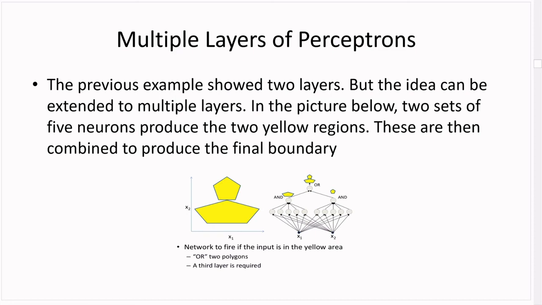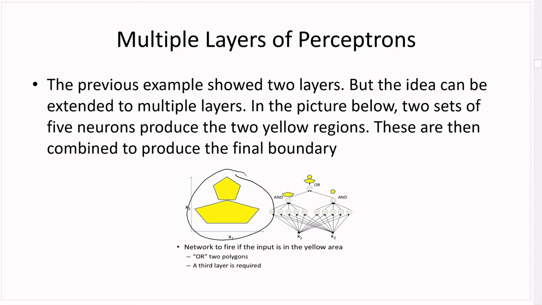And then we can combine these 2 yellow regions through another perceptron to produce a final boundary that is going to look like as shown over here. So you can see this is a fairly complex boundary, and we can get this boundary using the arrangement of perceptrons as shown on the right hand side.